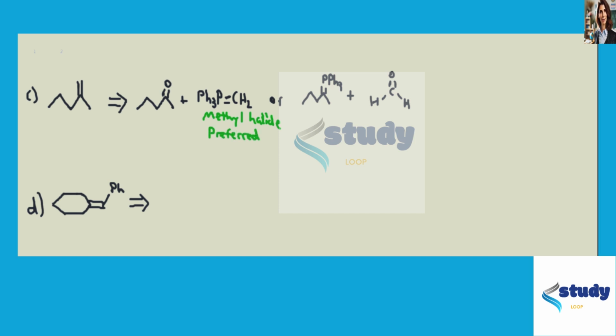Okay, and lastly, we'll do the same thing for part D. So we can go ahead and make the carbonyl cyclohexanone, and that is going to make our Wittig this.